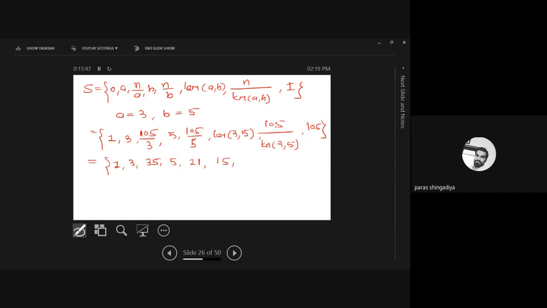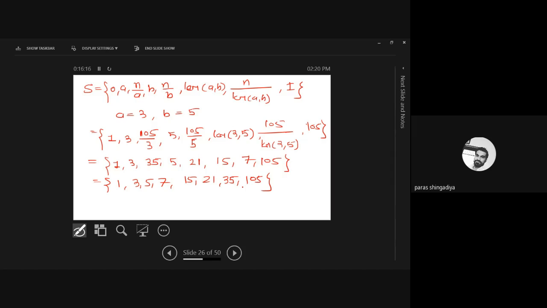Now here we require 105 by 15. Okay. So 105 divided by 15. So what will you get? That will be 7. And here it is 105 as it is. Clear? So now rearrange as per the order of the values: 1, 3, 5, 7. Okay. Then after 15, 21, 35 and 105. Clear?